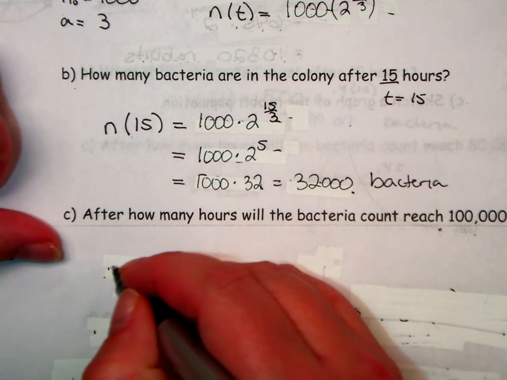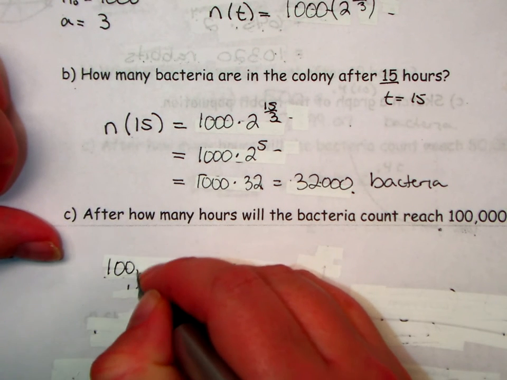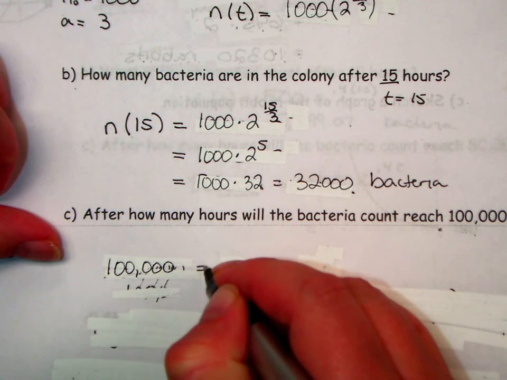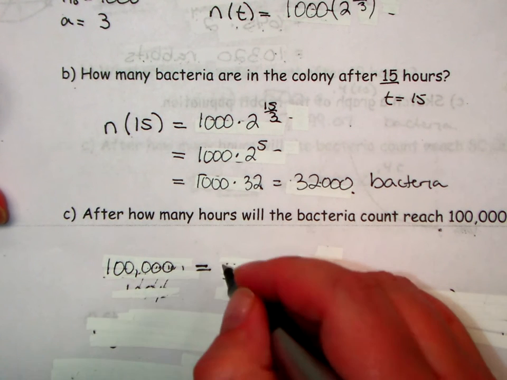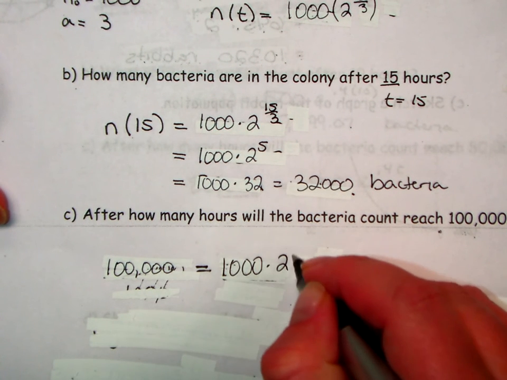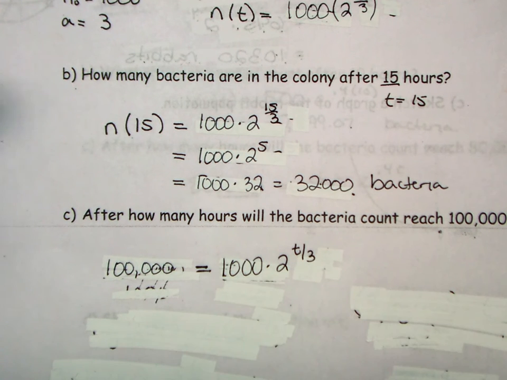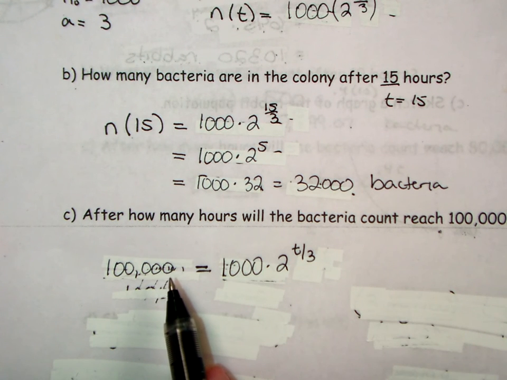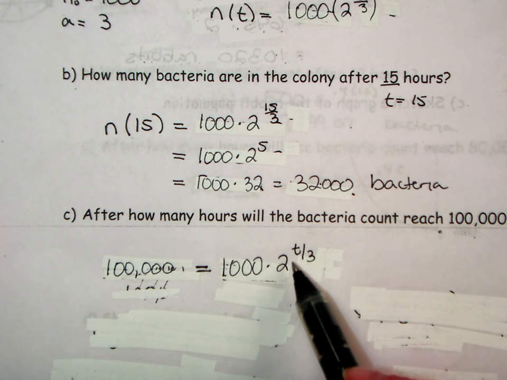We're going to set N of t equal to 100,000, and that's going to equal our equation, 1,000 times 2 to the t over 3. We're just plugging 100,000 in for our population after time t. So we need to solve this for t.